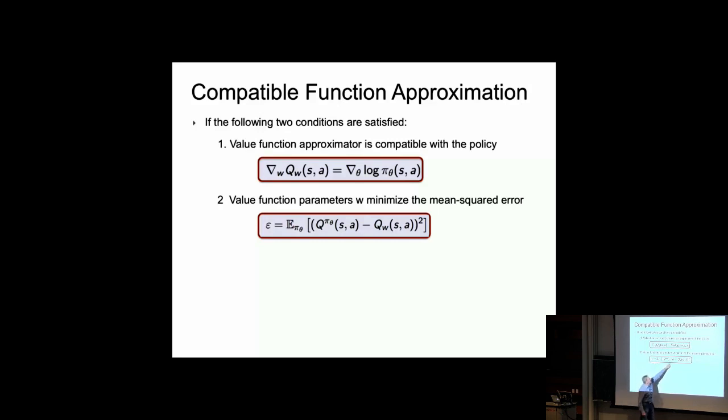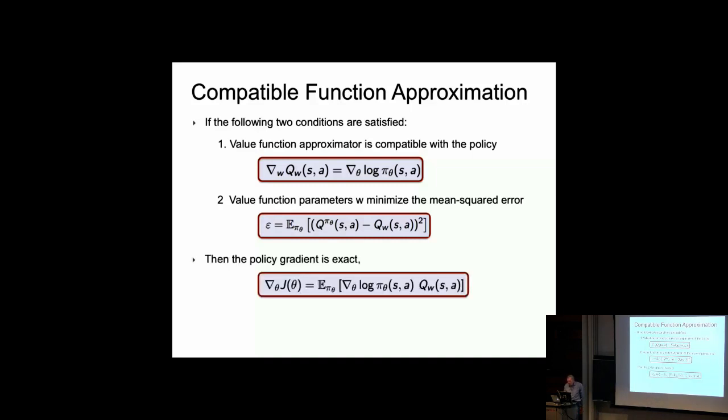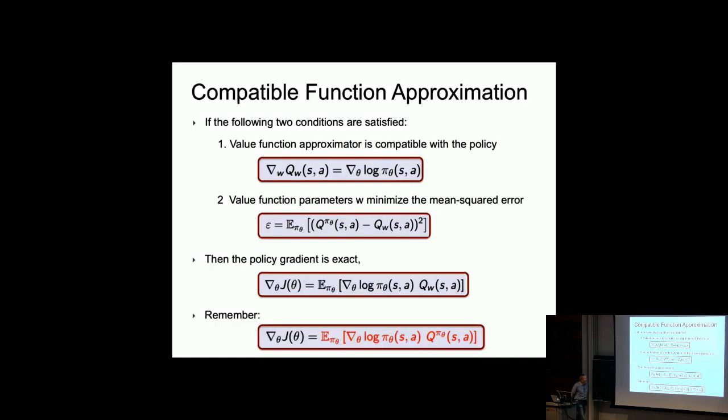That is, the objective we use for our function approximator is minimizing the squared error. Now, if these two things hold, then we're able to show that the true policy gradient, which of course is this quantity, based on the true Q function, Q pi theta, is not known to the learner.